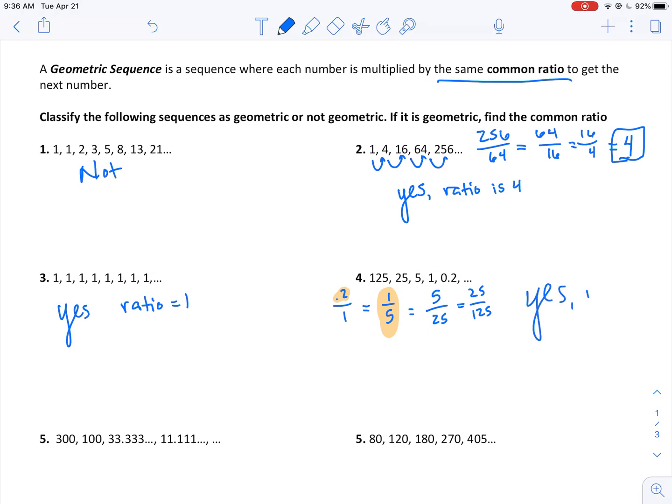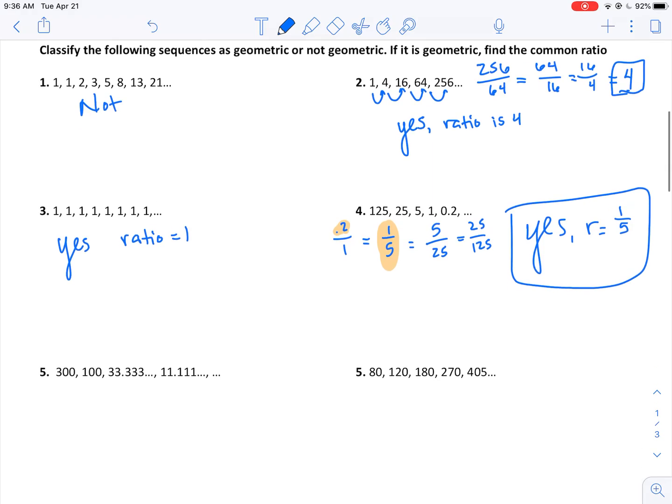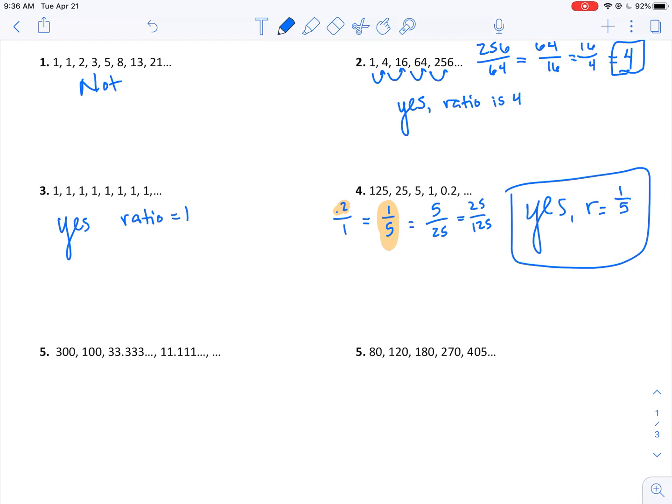Are all these the same? I want to know that. And if I type those into my calculator, those are the same. That common ratio is 1/5, or 0.2. So yes, and my ratio is 0.2 or 1/5. You could put that as a decimal or fraction, either way.